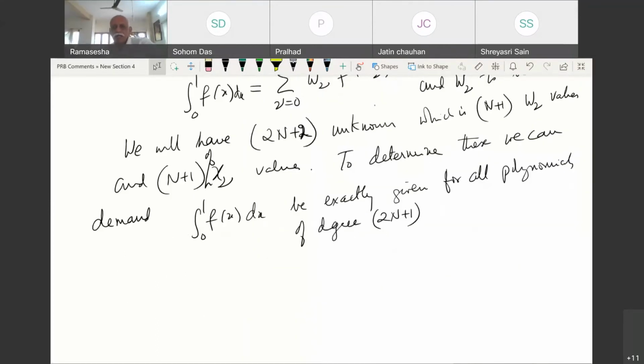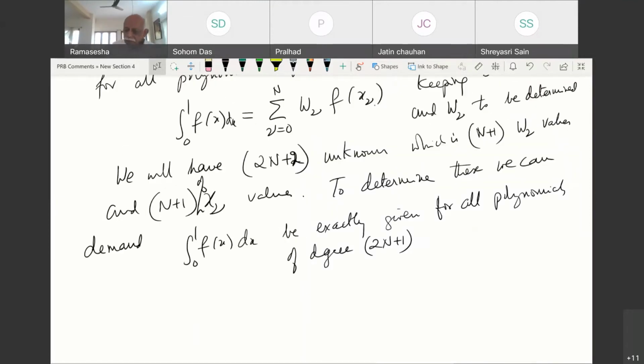Because what I have got now is n plus 1 unknown freedom. So if I demand that I must get w nu and x nu such that the right hand side of the formula is exact for all polynomials of degree 2n plus 1, then I only evaluate f of x at n points, x1, x2 to xn, because x0 I can take to be 0, or maybe say n plus 1 points.